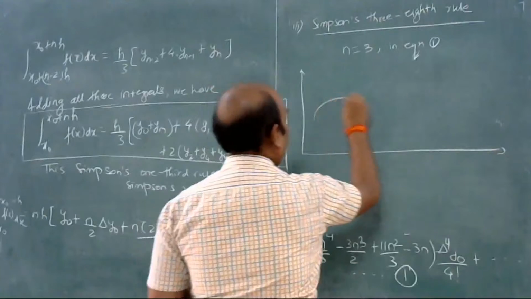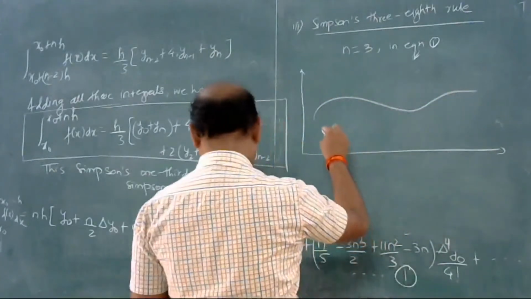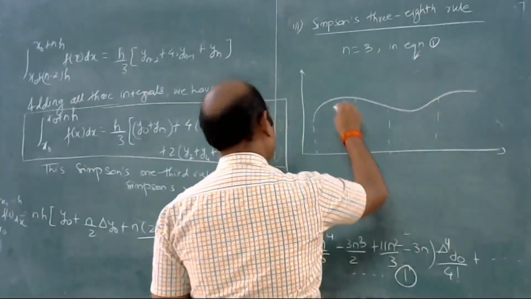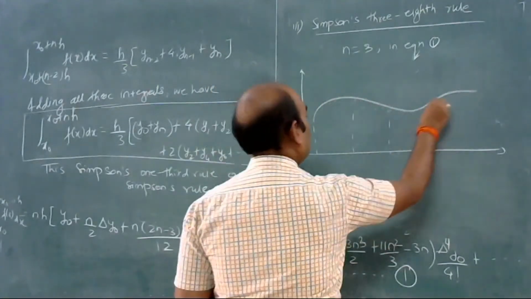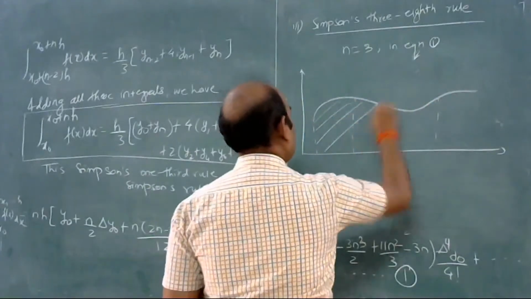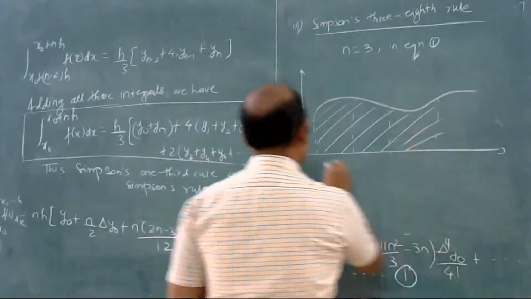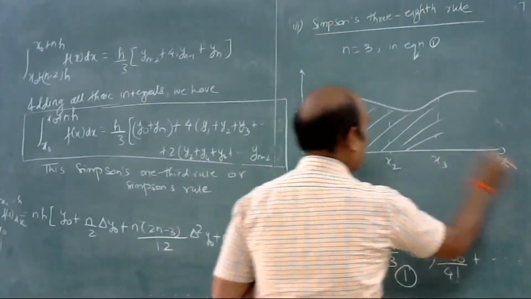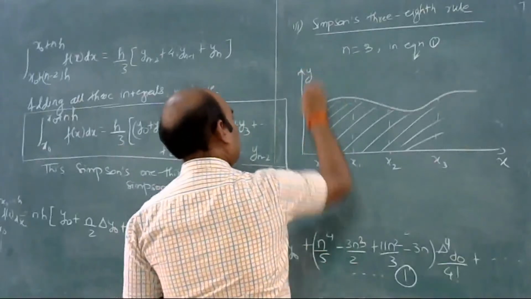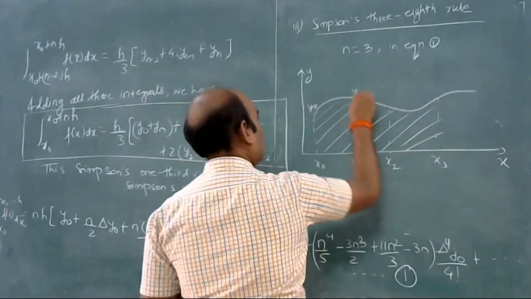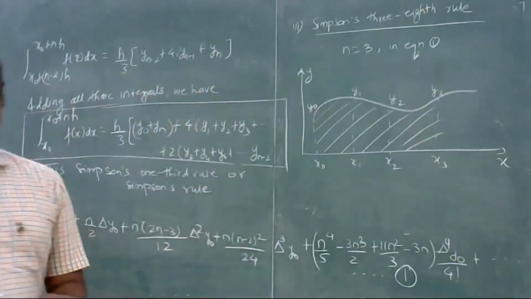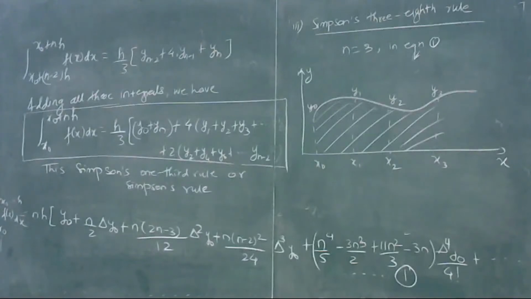So this is x0, x1, x2, and y0, y1, y2, and y3. Okay. So this is the polynomial of third order. Okay.